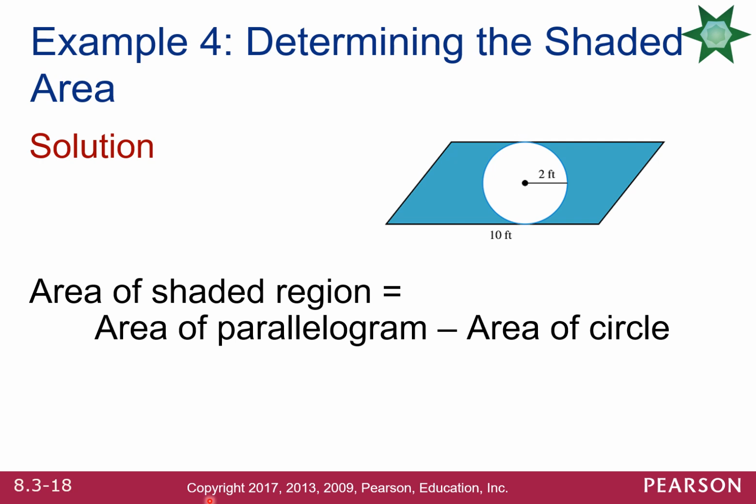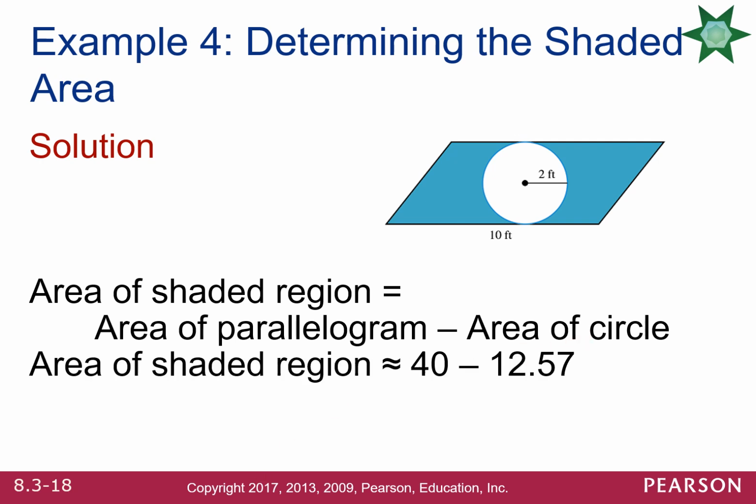Here's the final step to the solution. We already found the area of the parallelogram using the formula b times h. We also found the area of the circle using the formula pi r squared. So now we have to subtract the two. The area of the shaded blue region would be 40, which is the area of the entire parallelogram, minus the area of the circle, 12.57.